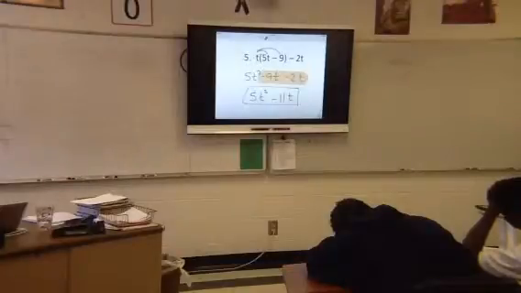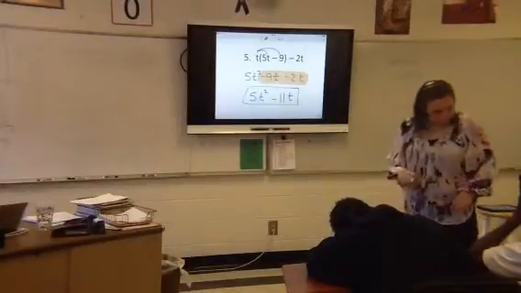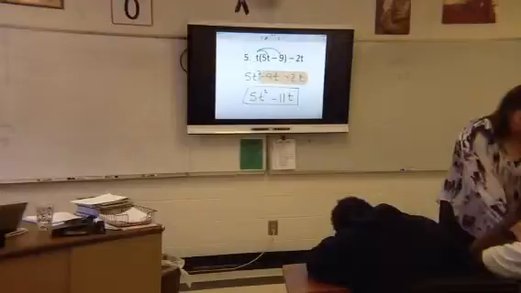And then it'll be negative 10n squared. And then 15n. All right, so now take that negative 4 and distribute it through. Good, so now combine the terms.